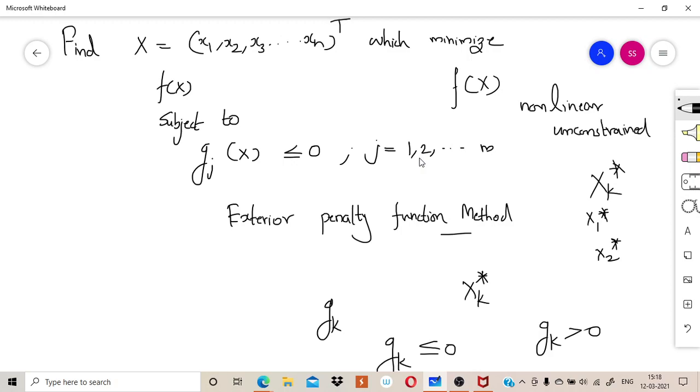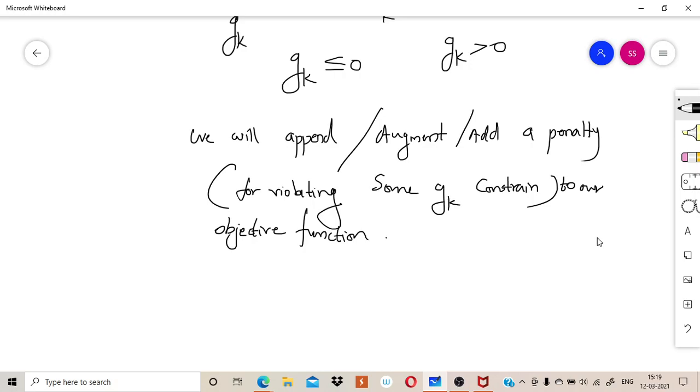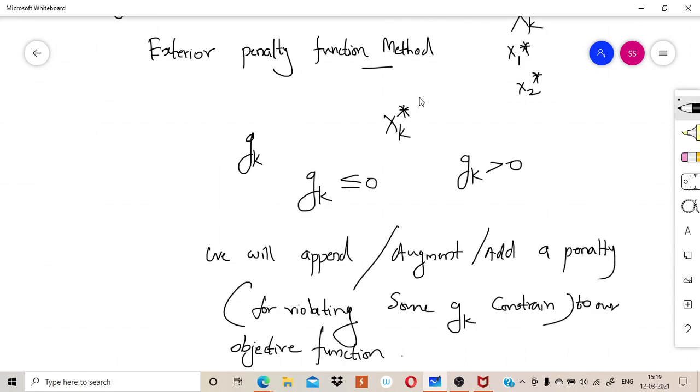Then we will substitute them in the constraints and check whether the given constraint is satisfied by our optimum solution. At some iteration, we find that this xk star is not satisfying some constraint gk less than or equal to 0.